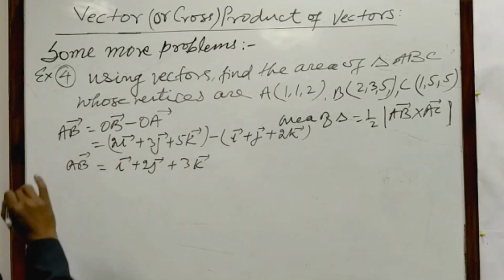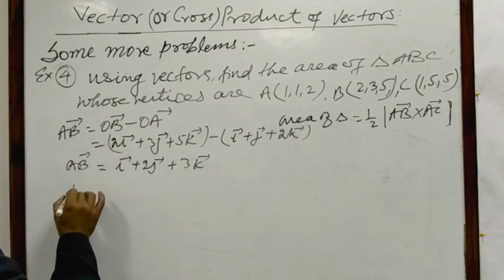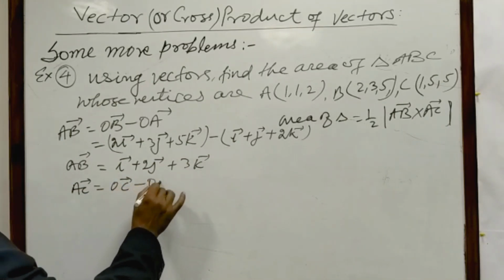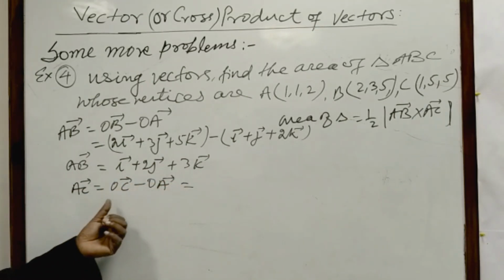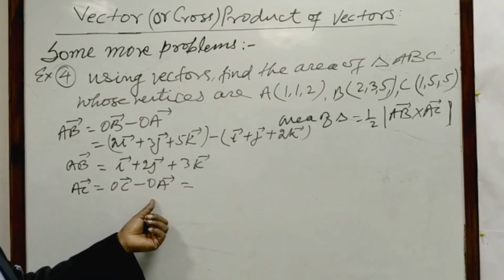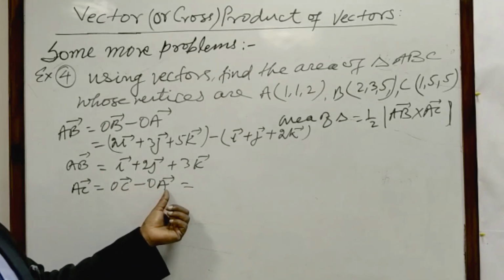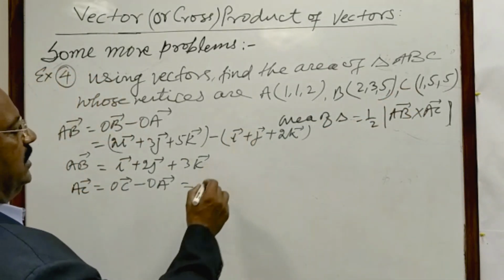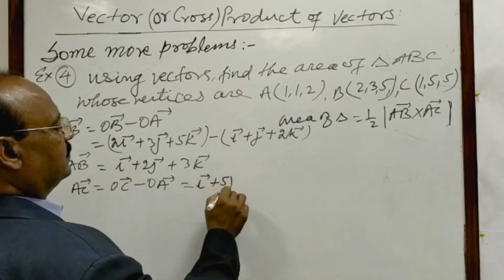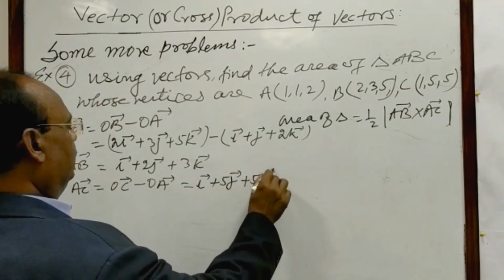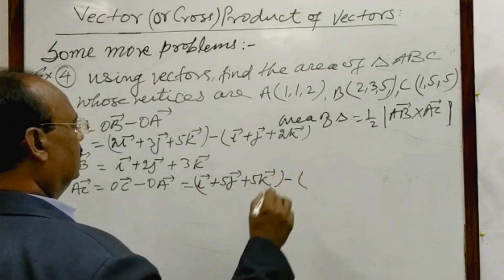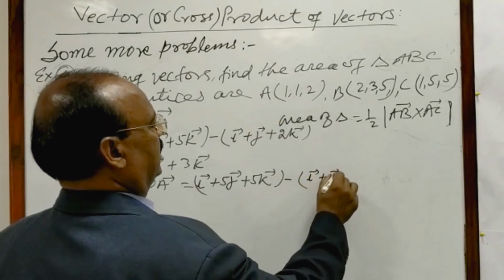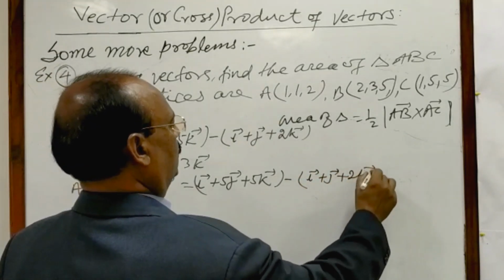This is vector AB. Similarly, we can find vector AC also, that will be OC minus OA, where OC and OA are position vectors of points C and A respectively. With the help of the coordinates of point C, OC is equal to i plus 5j plus 5k minus OA. OA is i plus j plus 2k.